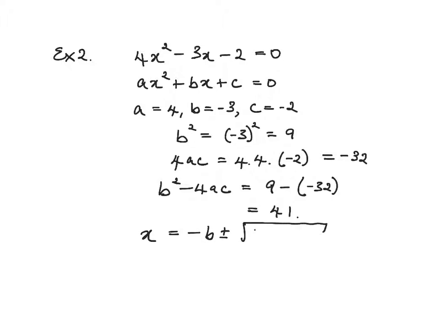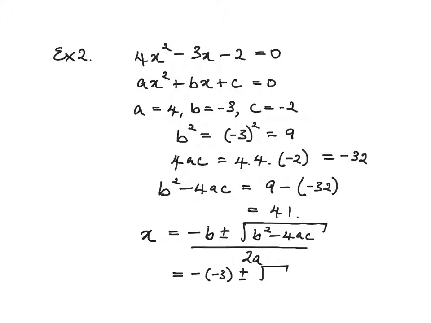This formula is given to you, of course, on the formula list at the start of your test paper. So if we substitute the values in, minus b, now b has the value minus 3, so it's minus 3, be careful with that.